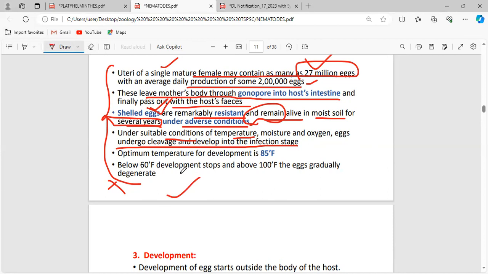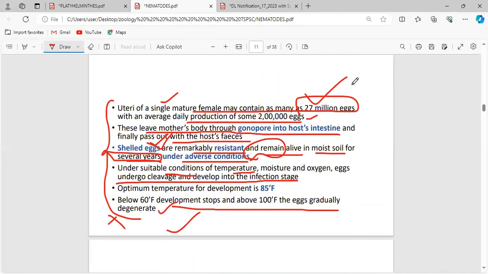Below 60 degrees Fahrenheit, the development stops, and above 100 degrees Fahrenheit, the eggs gradually degenerate. So, the important point you have to remember from this slide is that temperature plays a major role, or temperature is a deciding factor for the egg for the further metamorphosis process.